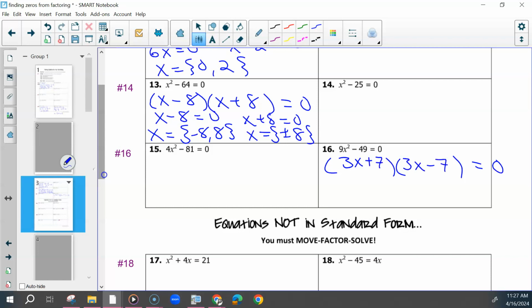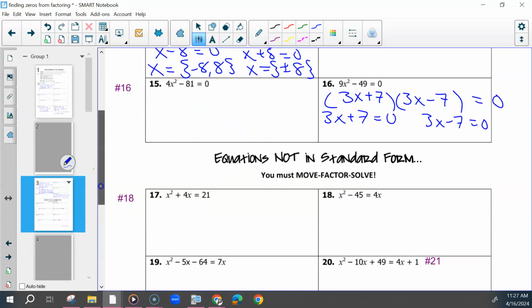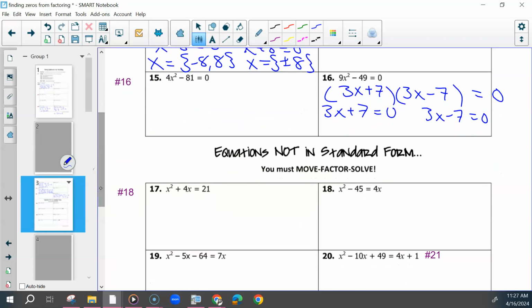So with this, when we set each one equal to 0, actually solve this, because you're going to end up with a fraction. You could write it like what we just did, x equals plus or minus 7 over 3, or you can write them separately also.